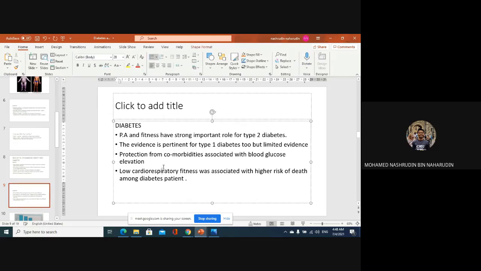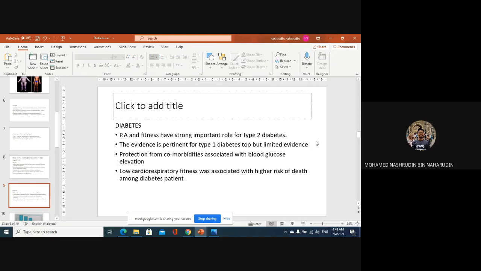Also, when you are considering or prescribing physical activity or exercise for a diabetic population or patient, you must protect them from all the comorbidities associated with blood glucose elevation or blood glucose depletion. I'm going to discuss these comorbidities in my later slides.